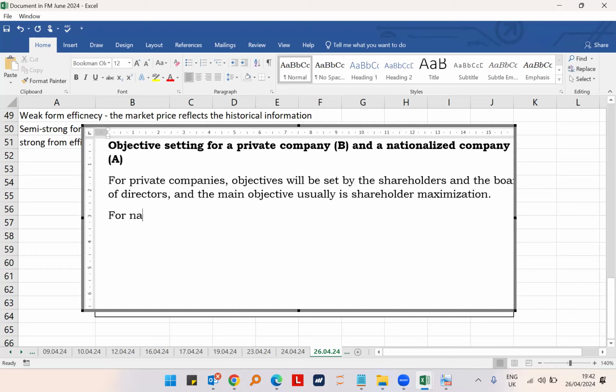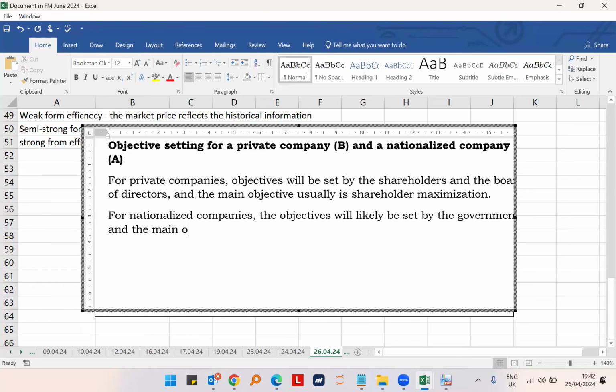Now, for nationalized companies, the objectives will likely be set by the government.